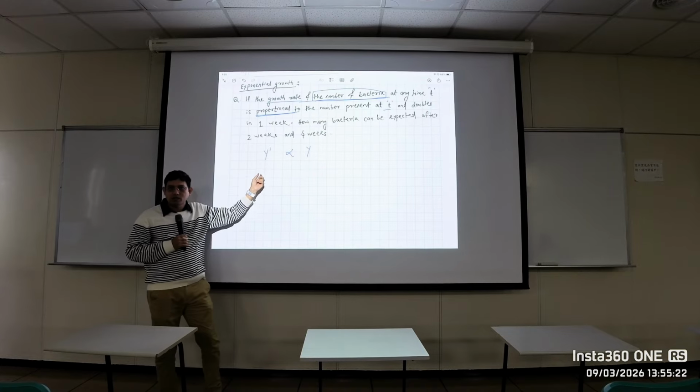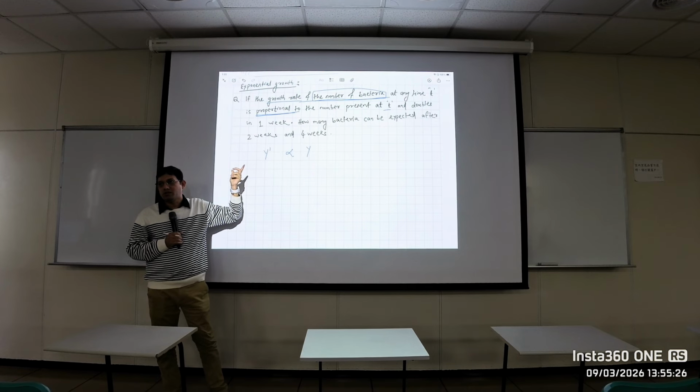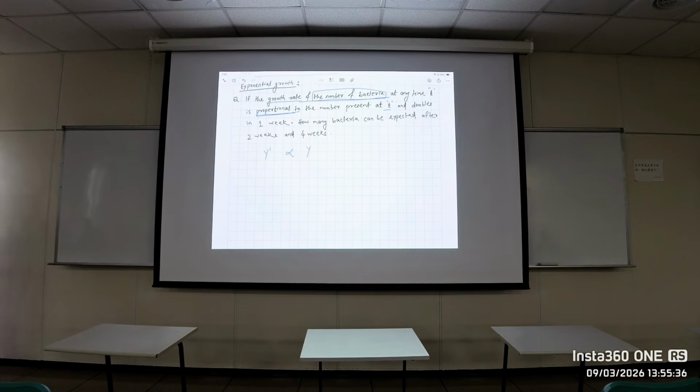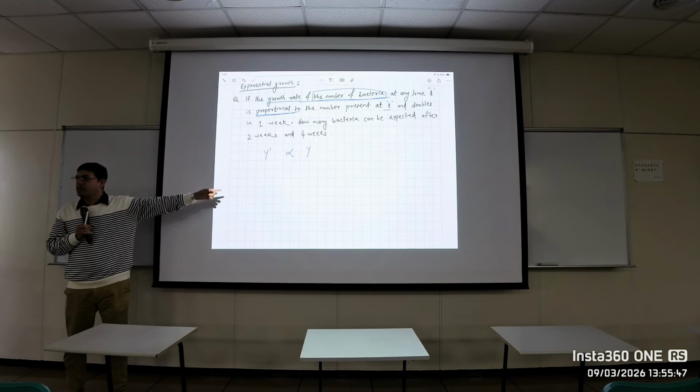If this one decreases, this one decreases. Come on, you are engineers. Is this okay? The growth rate of the bacteria is proportional to the number of bacteria at present.